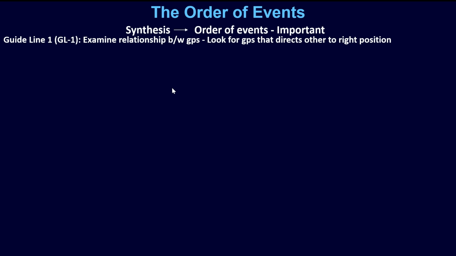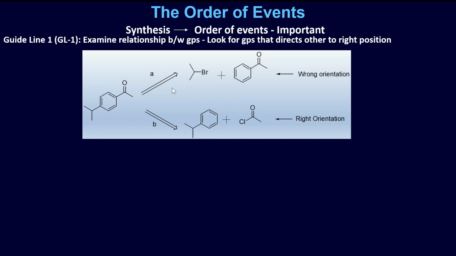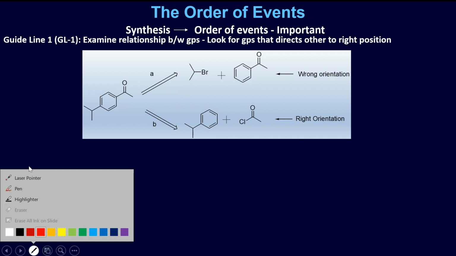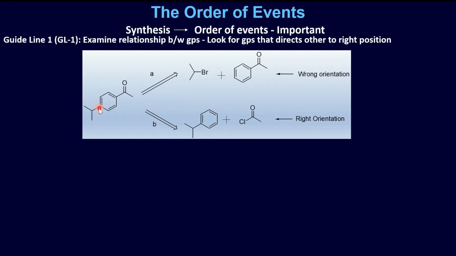And we should look for those groups which direct the other incoming group to the right position. Here, if I take para-isopropyl acetophenone, I can split the molecule in two different ways.